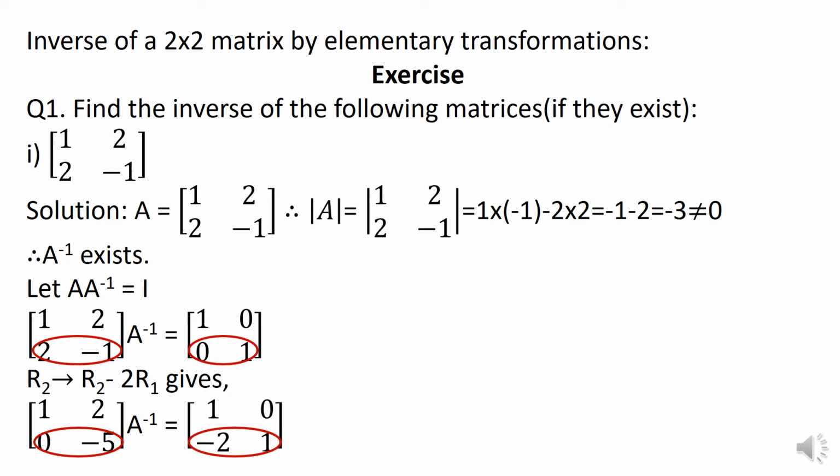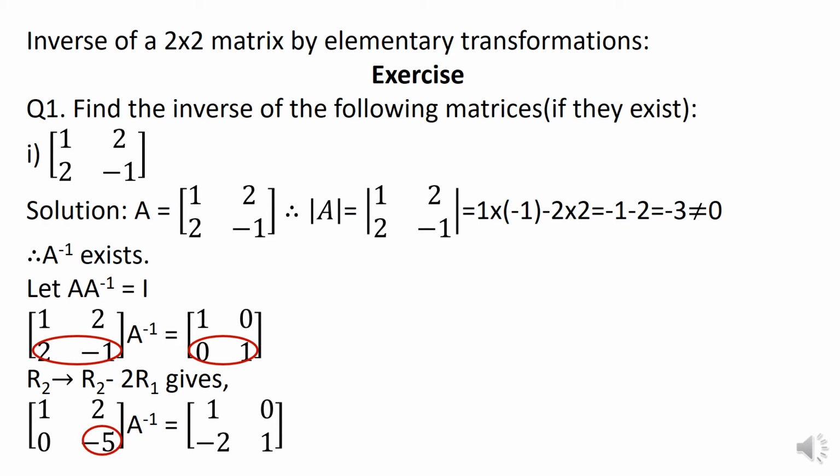That is on the LHS, 2 minus 2 gave us 0 and -1 minus 2 into 2, that is -1 minus 4 gave us -5. Similarly, on the RHS, 0 minus 2 gives us -2 and 1 minus 0 gives us 1 itself. In the next step, -5 has to be converted into 1.